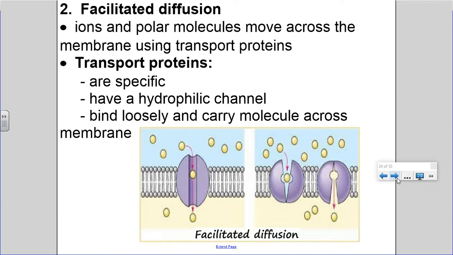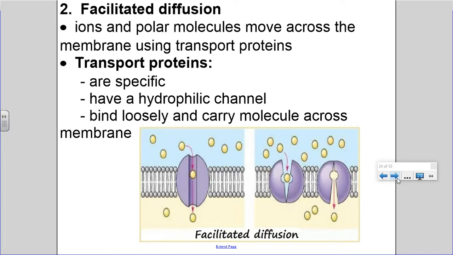Okay, that was the largest bit of information. The rest goes a little bit easier. So number 2, we're still talking about passive transport, by the way. This is facilitated diffusion. In this case, we're going to have a protein channel that helps to move things across the cell membrane.